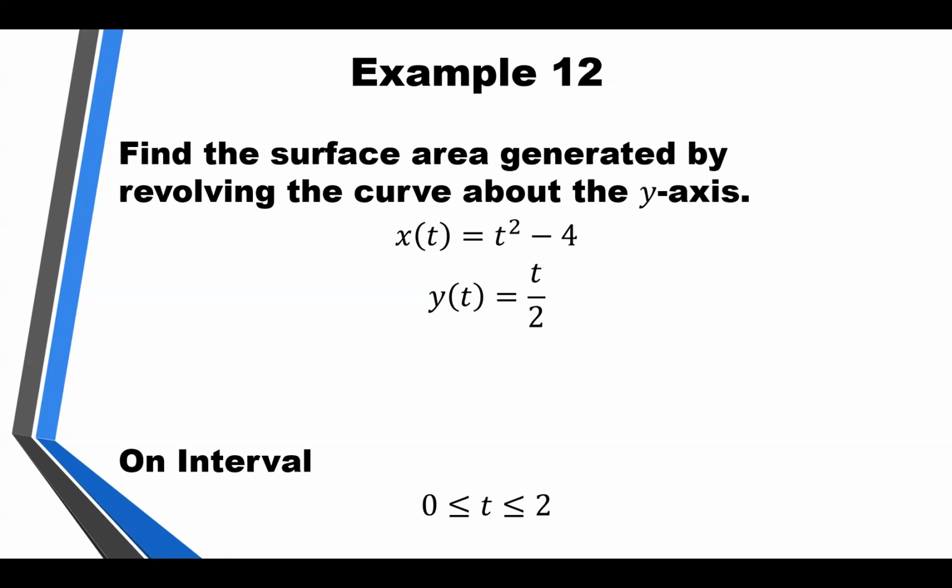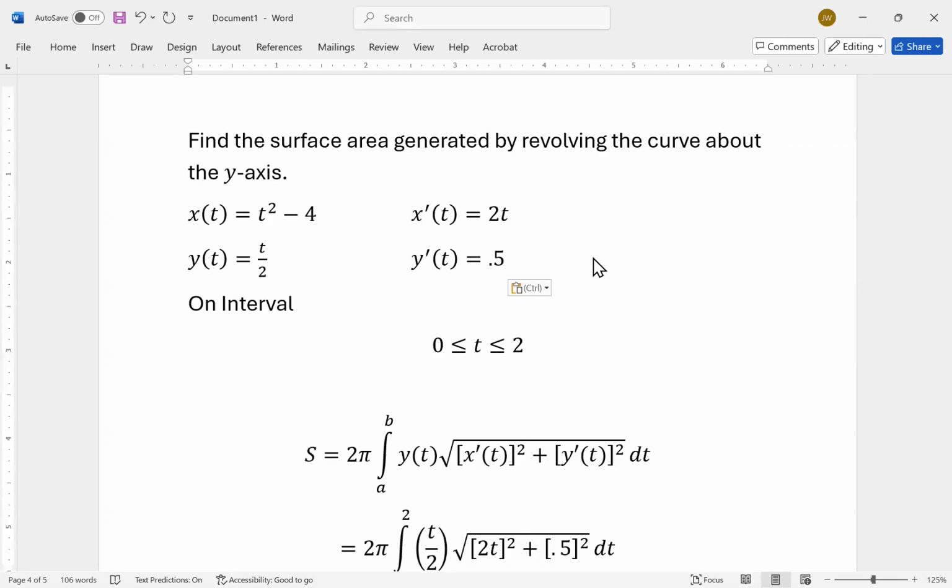We can go ahead and compute this if we'd like. And in fact, if you want to try this on your own, just push pause on the video. I'll do it in a couple of seconds. So here we go. We've already done the derivatives, but now we're looking at the y-axis.